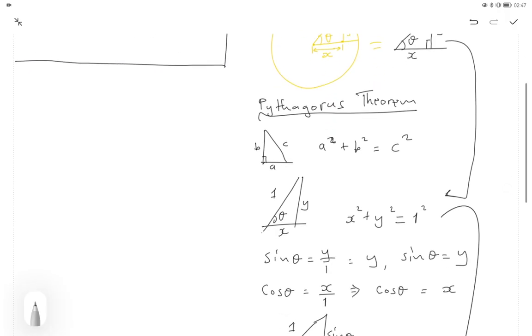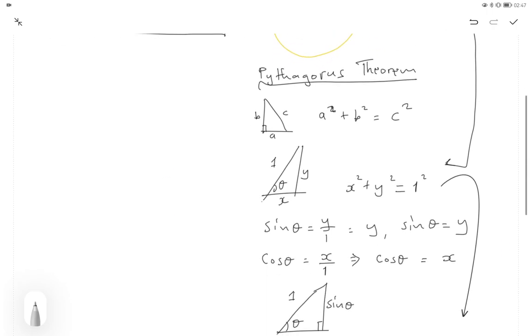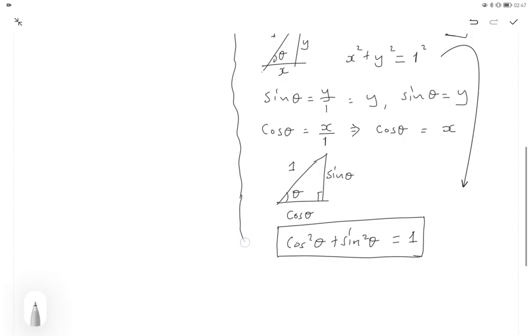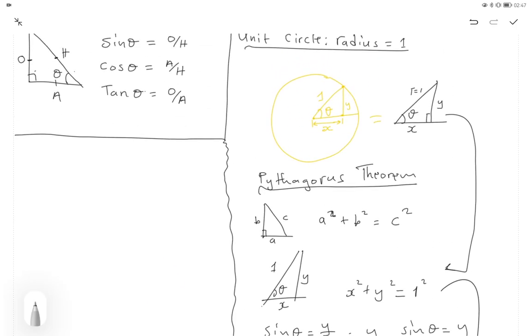Some other trigonometric functions. For these ones, you just need to memorize them. All right, let's start. Basically we have those three: sin theta, cos theta, and tan theta.